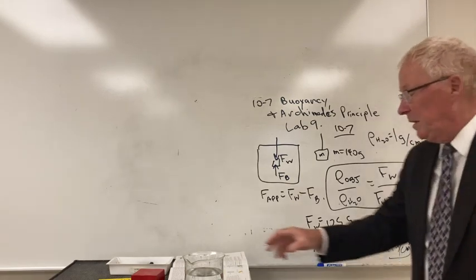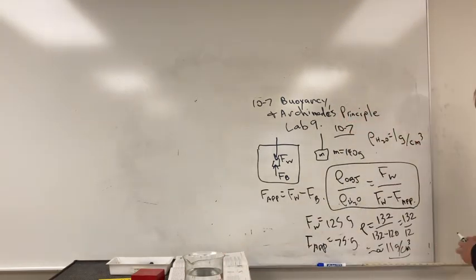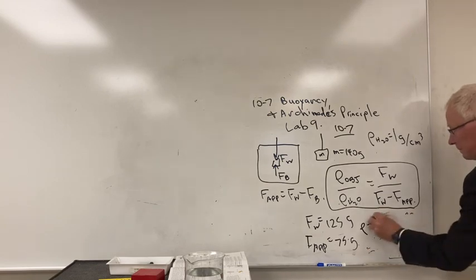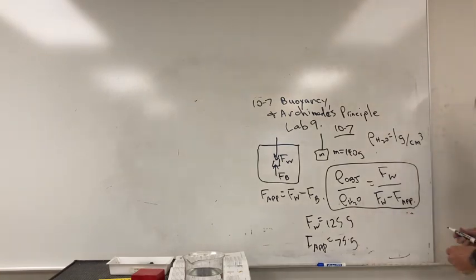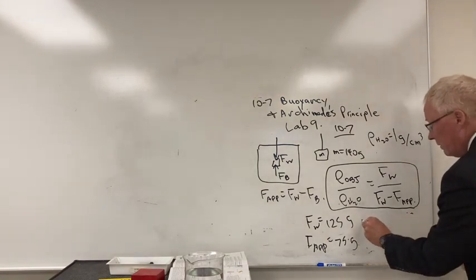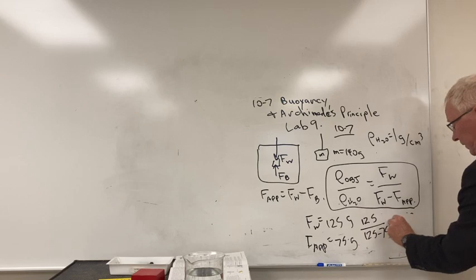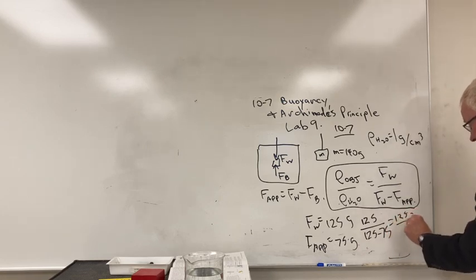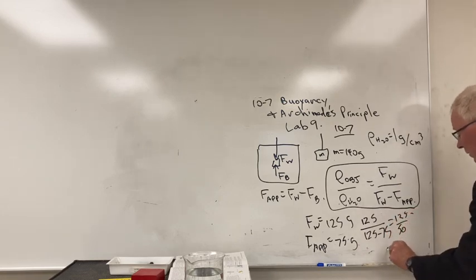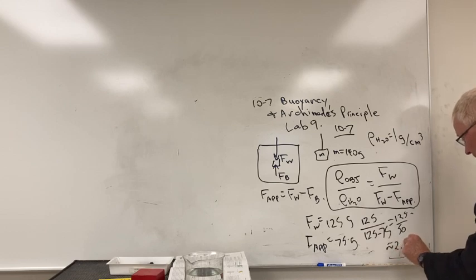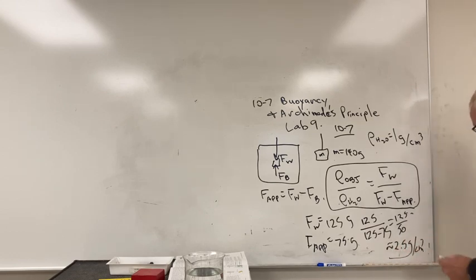So, what will be the density of this thing? So it's aluminum. It'll be 125 over 125 minus 75, which is 125 over 50, or roughly 2.5 grams per cubic centimeter, which is very close to the actual value for aluminum.